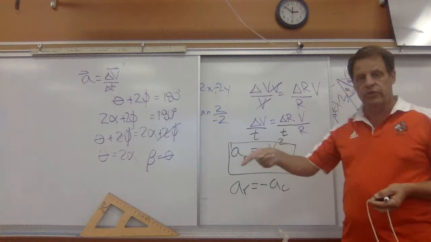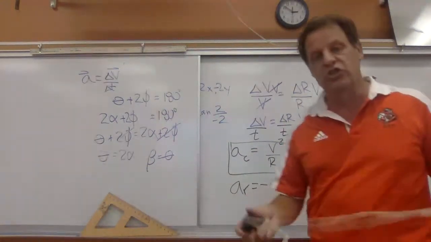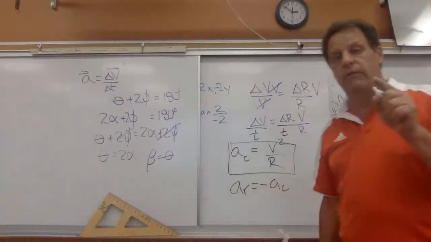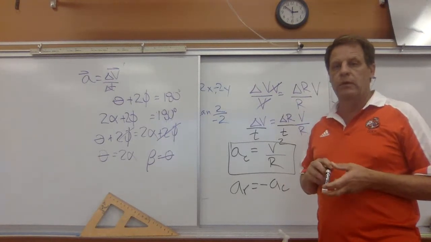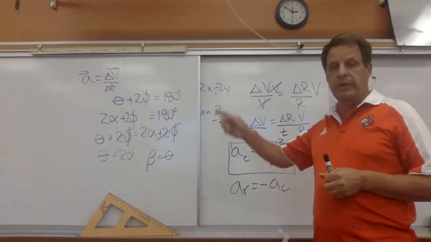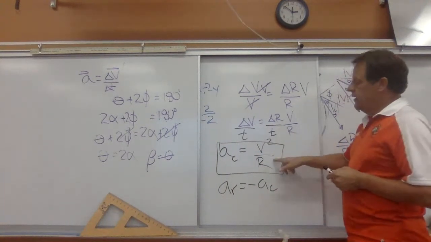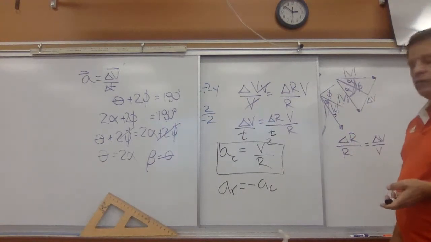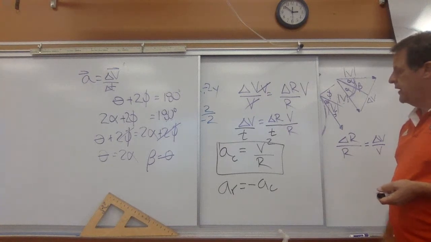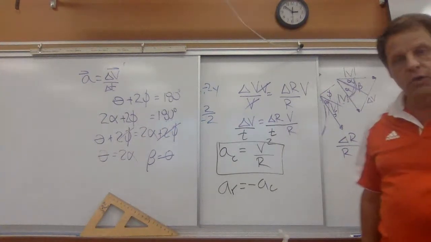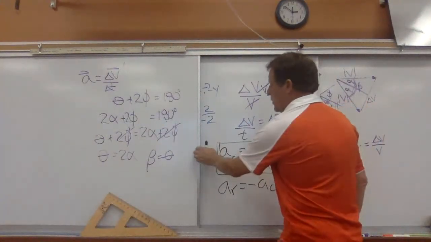That acceleration is always towards the center, but when we talk about radial, we're just changing the sign, so that going from the middle to the out is positive because it's going out that way. So this right here is the centripetal acceleration, and that is the first equation that we are going to talk about.